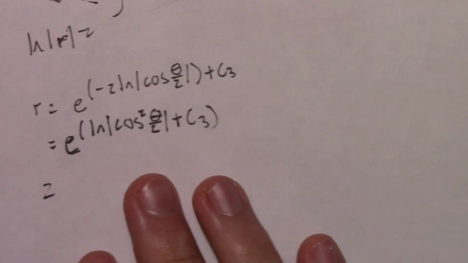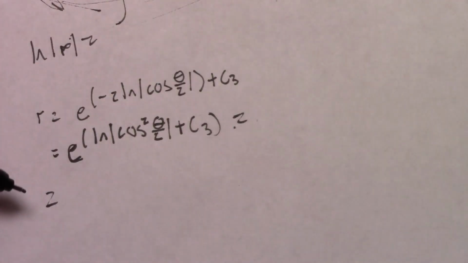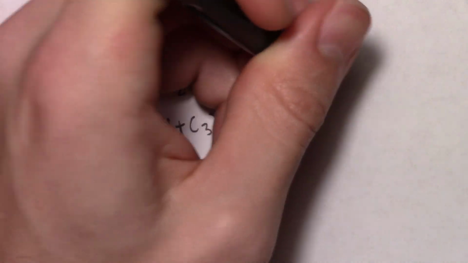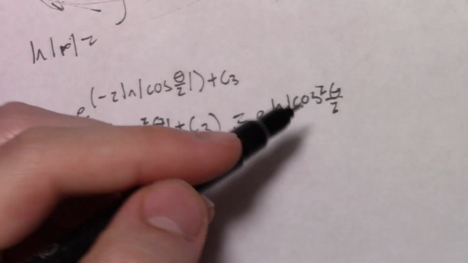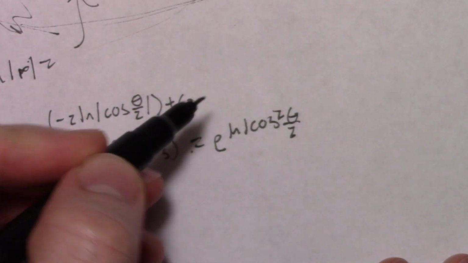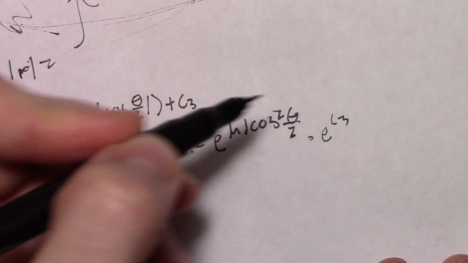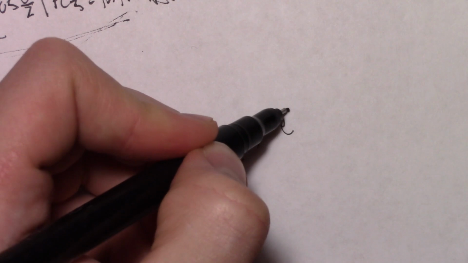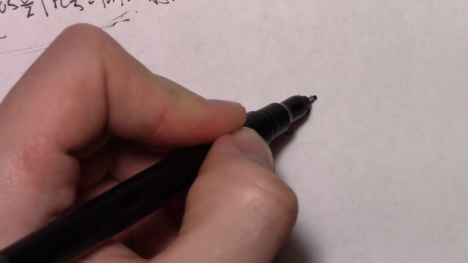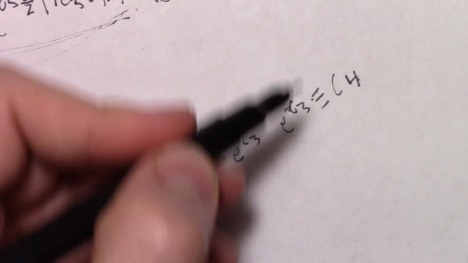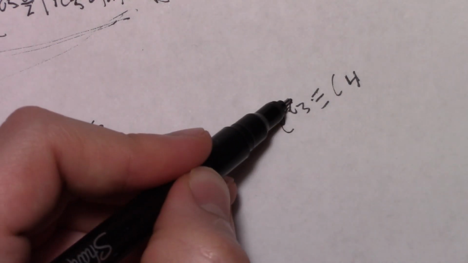We'll expand it out up here. Equals e to the ln absolute value cos squared theta over 2 times e to the C3. We'll define e to the C3 to be C4. That's the C right there.